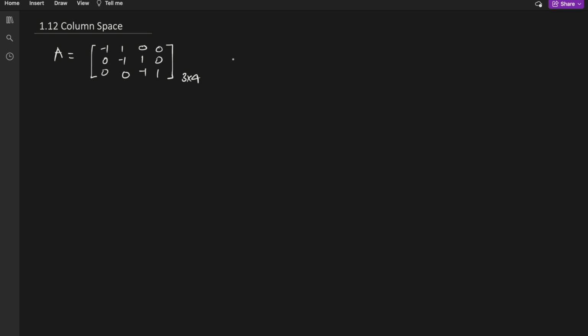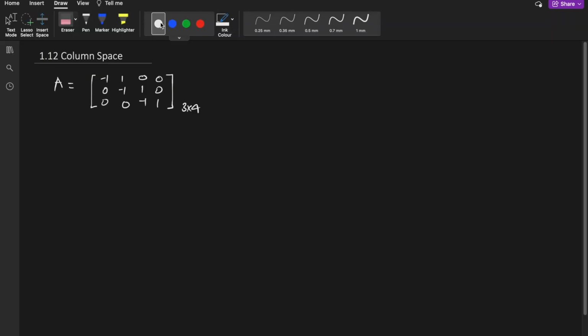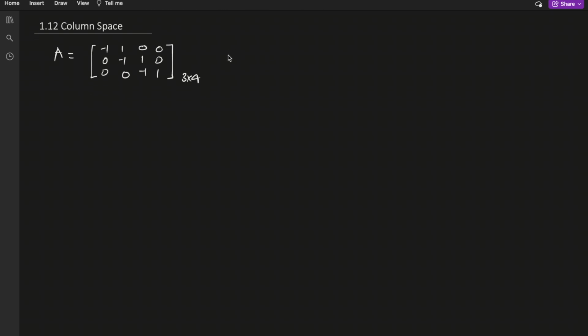So this can also be written as A1, A2, A3, A4, where A1, A2, A3, A4 are column vectors, that is, the columns of the matrix.